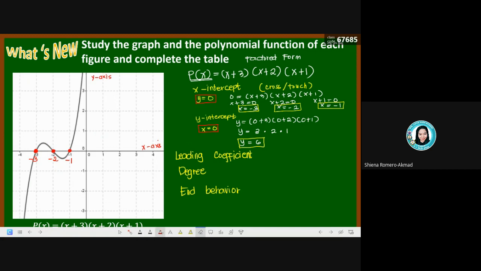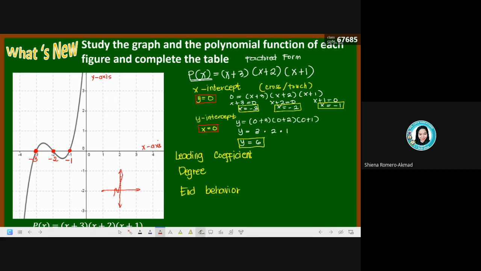So, let's say, gawa tayo ng mini sample. So, 1, 2, 3. Actually, ang itsura niya ay ganito. Tapos, 1, 2, 3, 4, 5, 6.